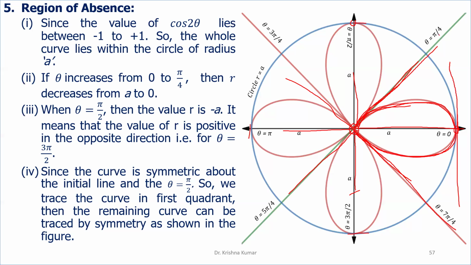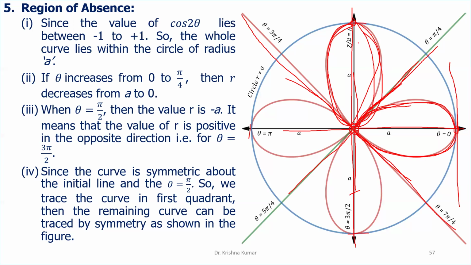Similarly, from theta equal to pi by 4 to theta equal to 3 pi by 4, we have another loop. This is the tangent, and this is the tangent. We get another loop. So the curve is symmetric about the line theta equal to pi by 2. If we are getting this one, we are able to get this one also.